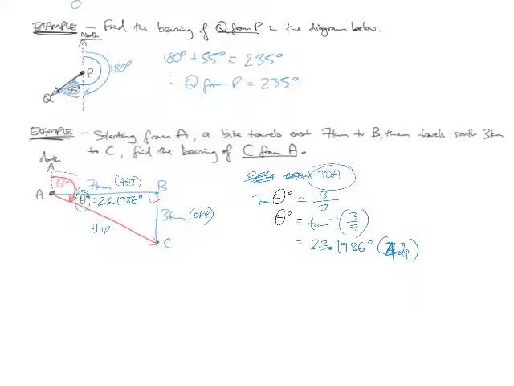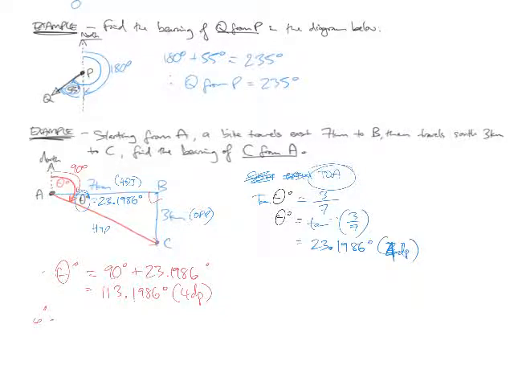Now we need to work out what the red theta is, that whole angle. Well, we know this top portion is 90 degrees. Therefore, the whole angle, the true bearing, is going to be 90 plus 23.1986 degrees. It's going to be 113.1986 degrees to 4 decimal places.